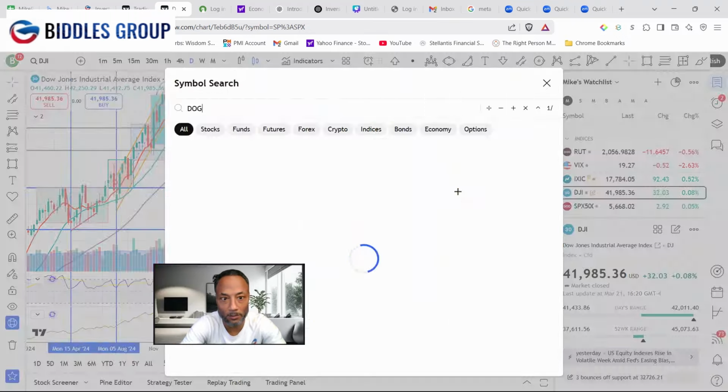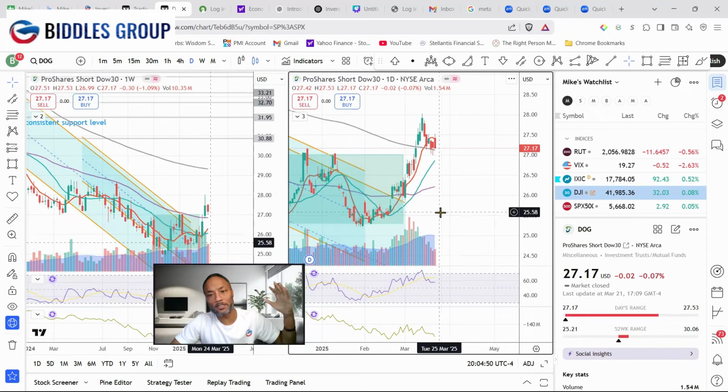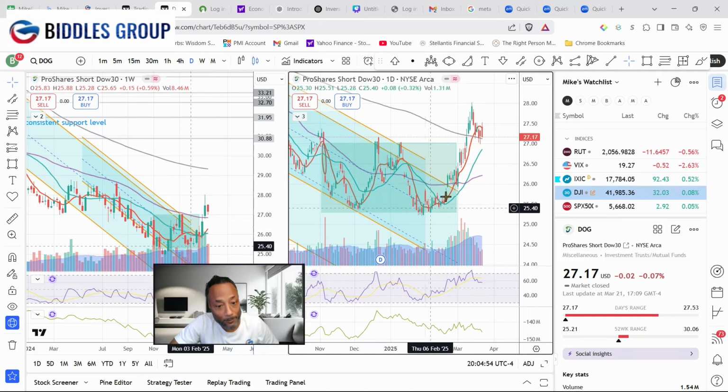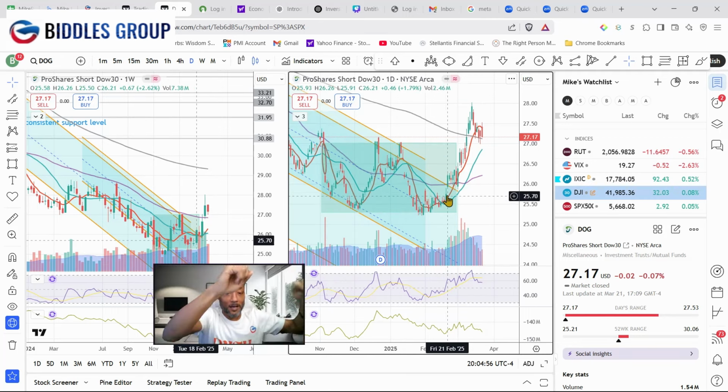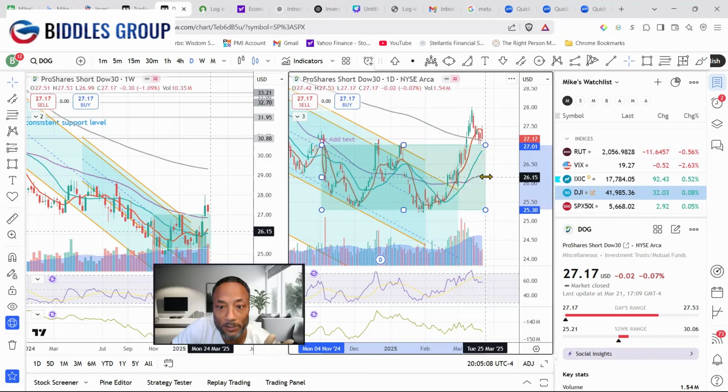But we're going to go to the dog. Look at that. So what we're seeing is the opposite happen. We've got a double bottom. The double top on the actual index is a double bottom on the inverse ETF. And so what I've drawn is a range here.